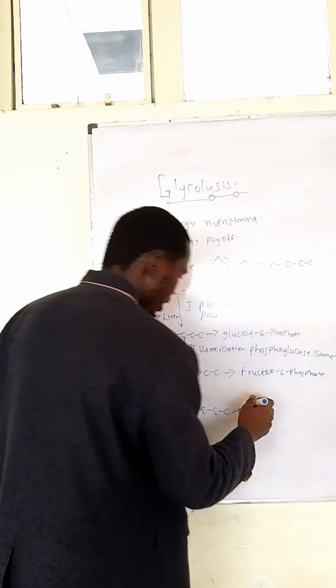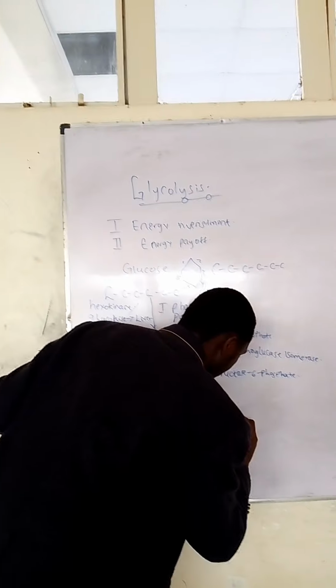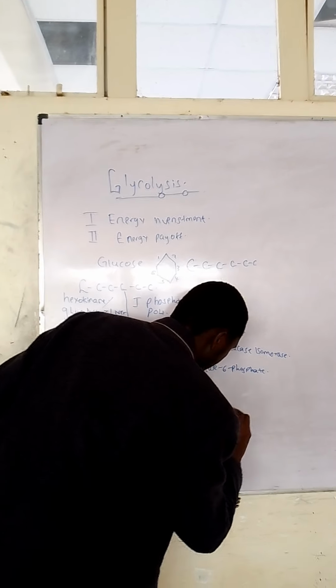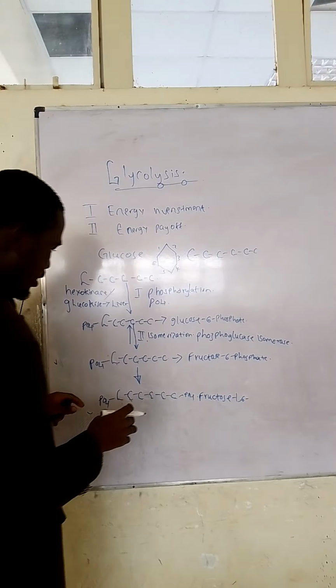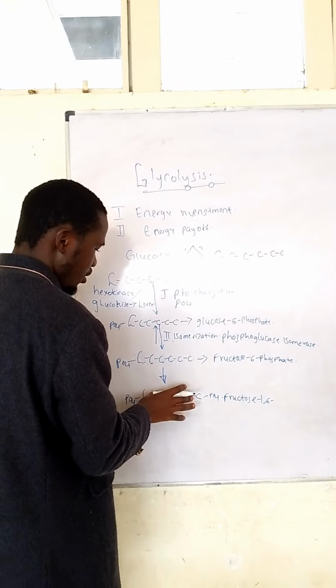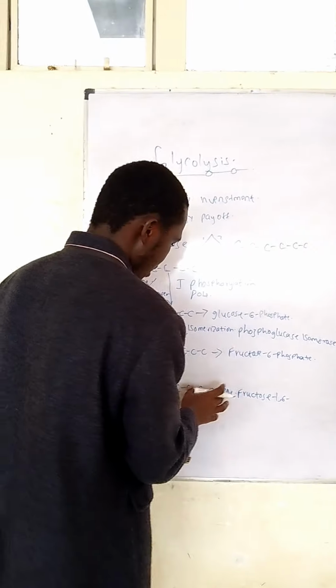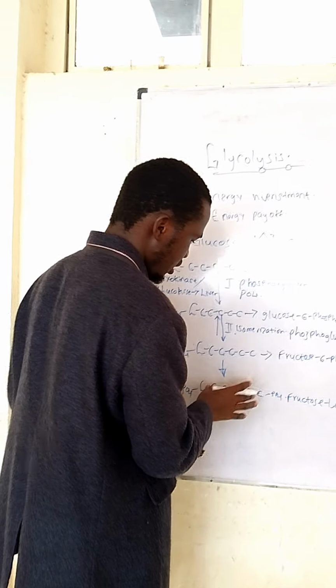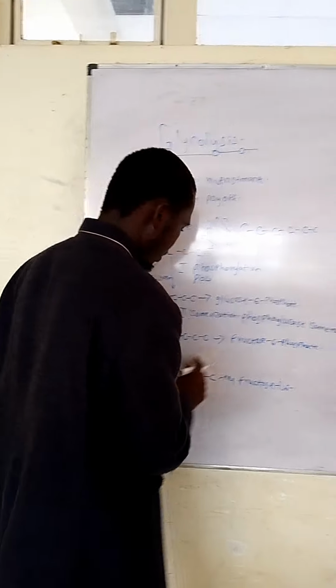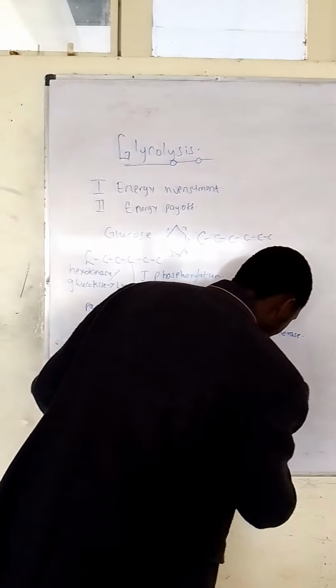So the end product is fructose 1,6, and because the carbon chain is sandwiched between the phosphates, we call it a bisphosphate.